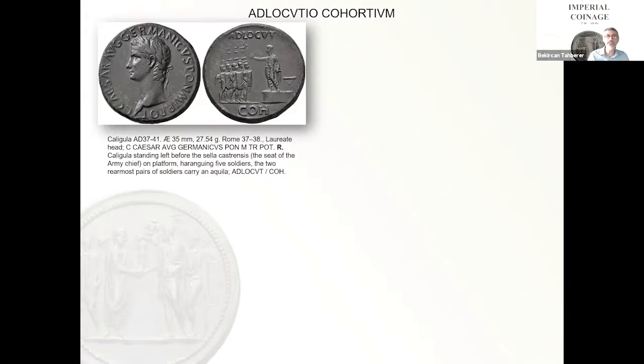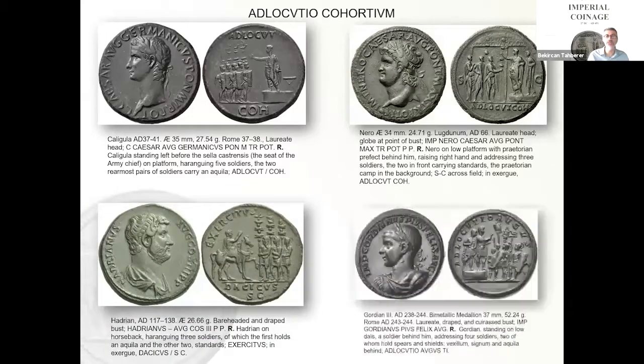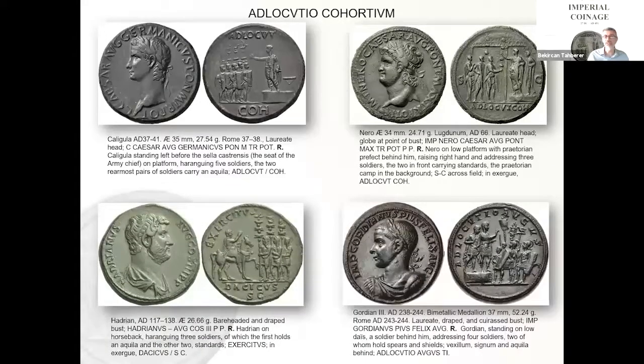And interestingly, some of these coins come from certain emperors that had nothing to do with the army or military, especially Caligula, and you can say the same thing for Nero. You can certainly say that for Hadrian, even though he didn't have many military campaigns, I'm sure he needed the support of his army, and at certain stages of his service, he addressed them.